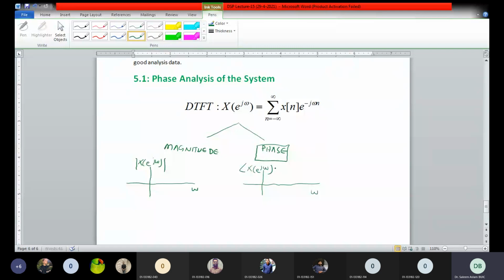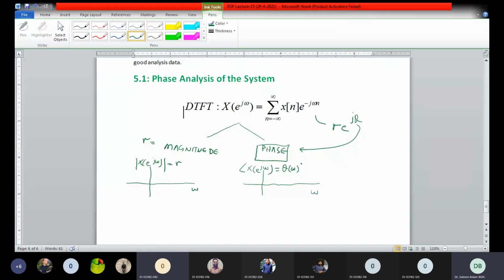This is also theta of omega versus omega. And you can say this is r versus omega because this is a complex number, r e to the power j theta. So the magnitude plot is r, and this is the phase plot, right?